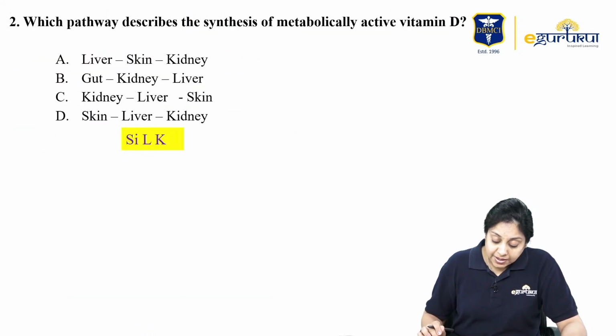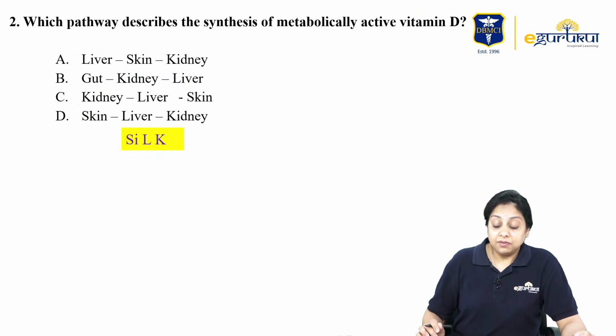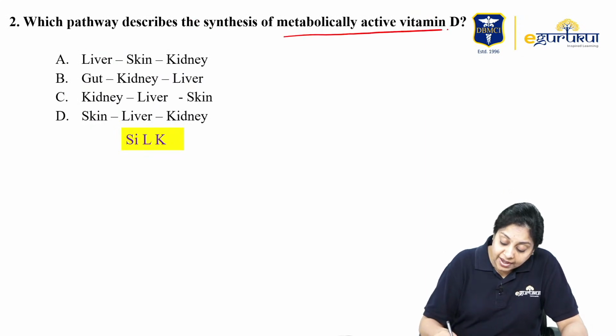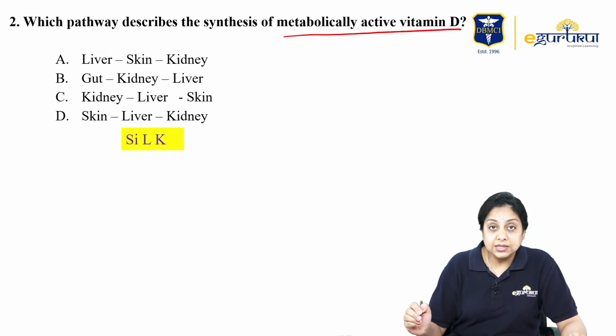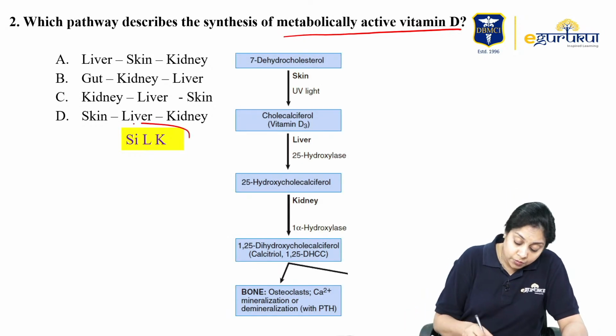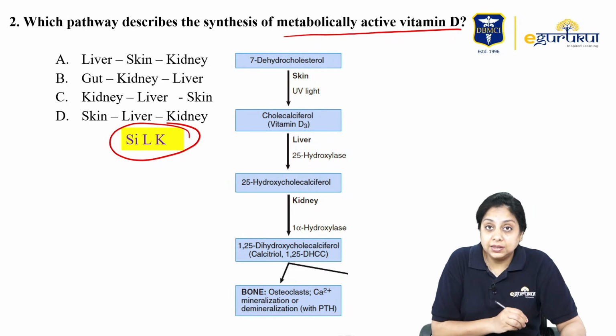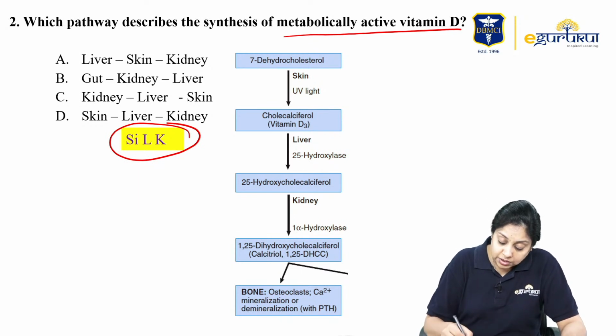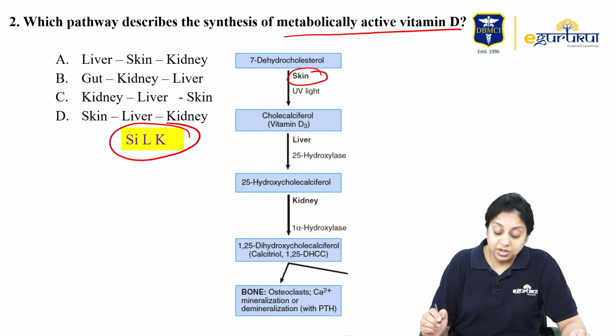Which pathway describes the synthesis of metabolically active vitamin D? That is calcitriol we talk about, right? And I always show you this, and I always tell you to remember the SILK. SILK is what? You have the skin, you have 7-dehydrocholesterol. On exposure to UV light, it will convert into cholecalciferol, which is an inactive form of vitamin D3.